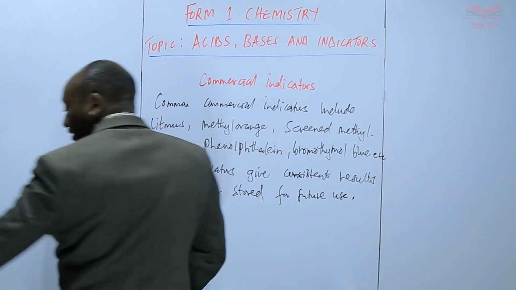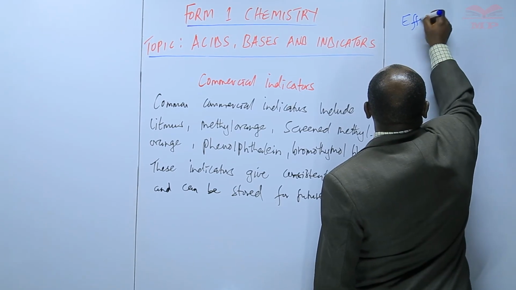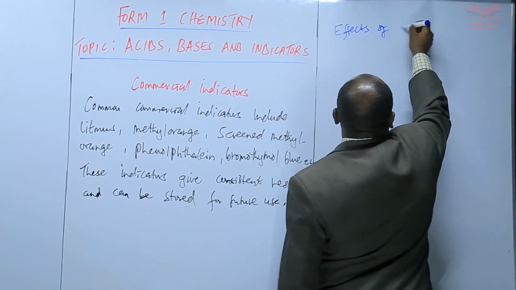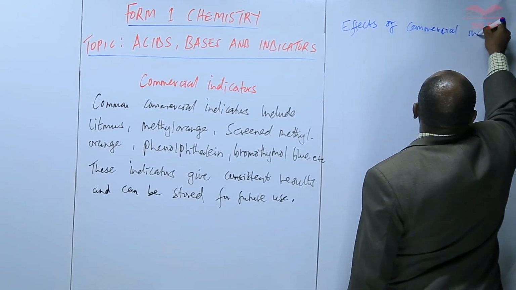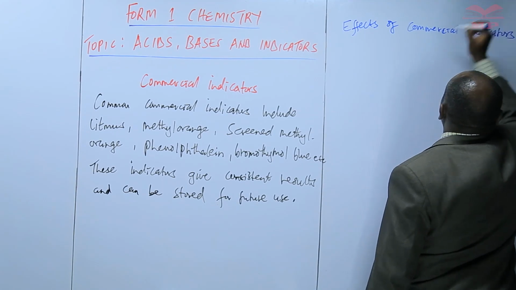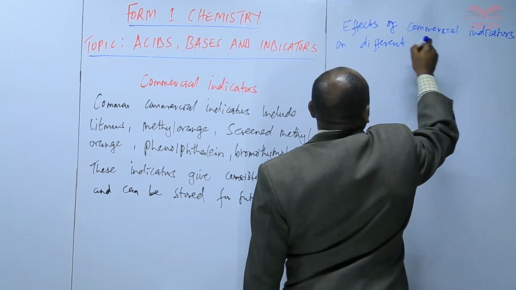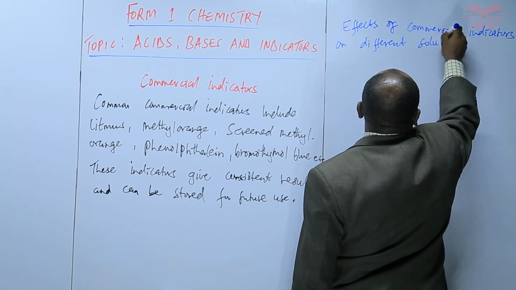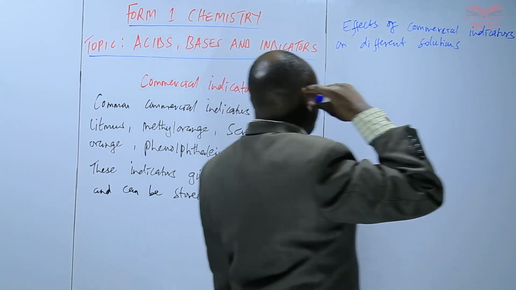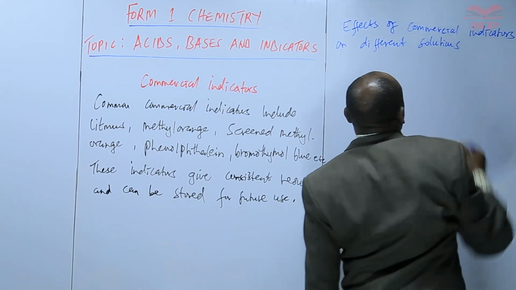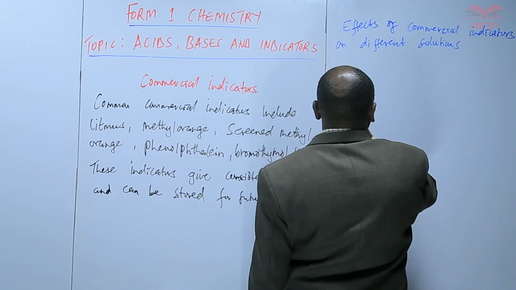At this point, we'll have a table showing the effects of commercial indicators on different solutions. We'll put these as a table.